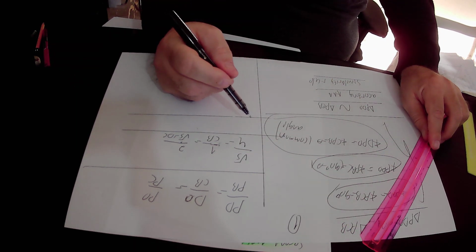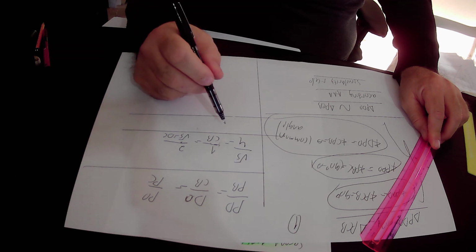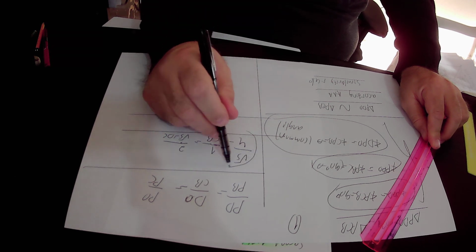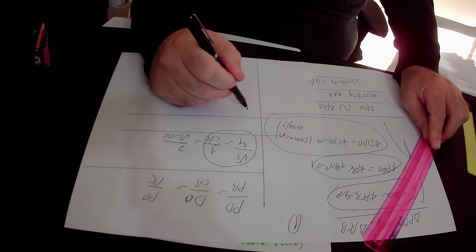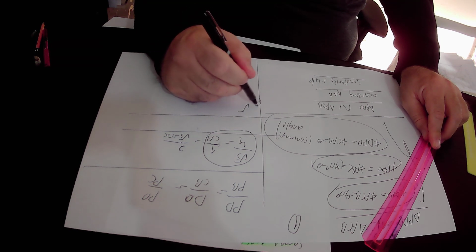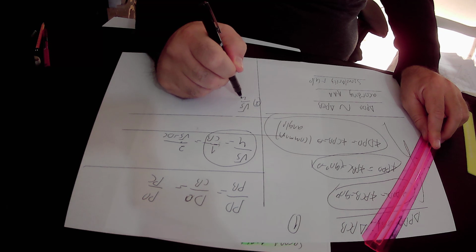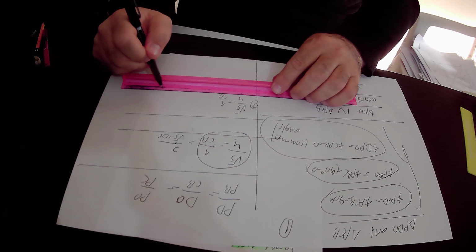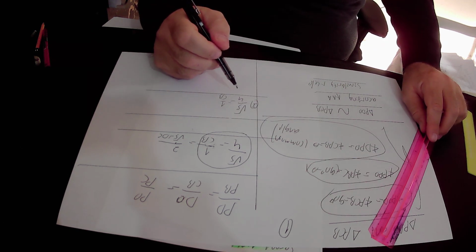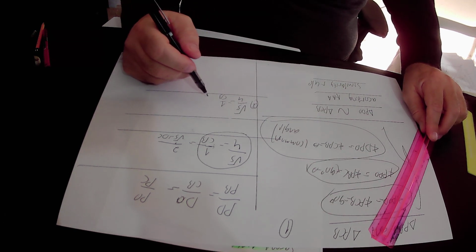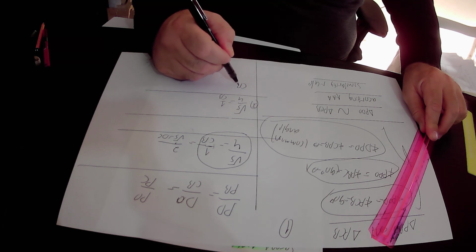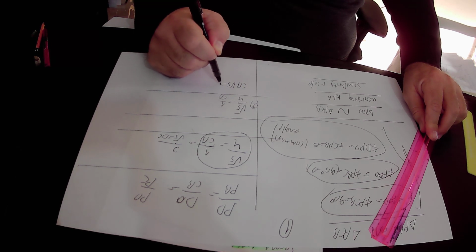Here we will derive the first equation from this long equation. That is to say, here square root of 5 over 4 equals 1 over CB. Here we cross multiply this equation, equation number 1, and we get that CB times square root of 5 equals 4.